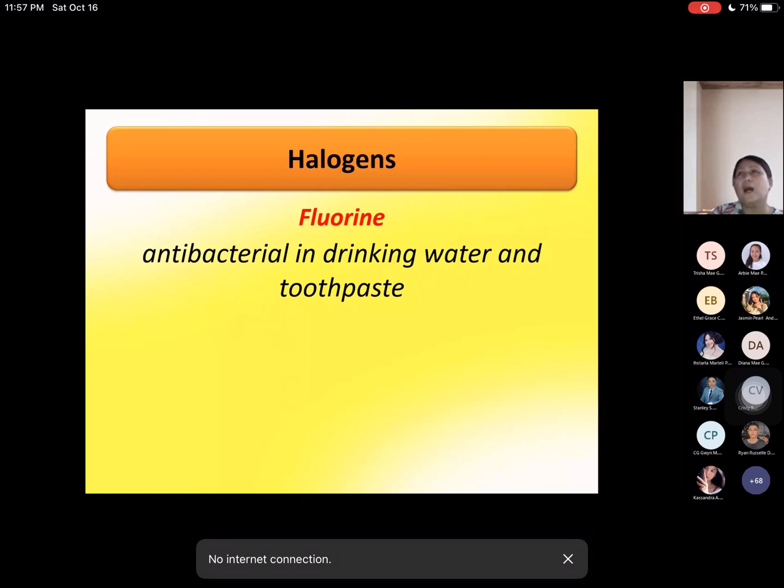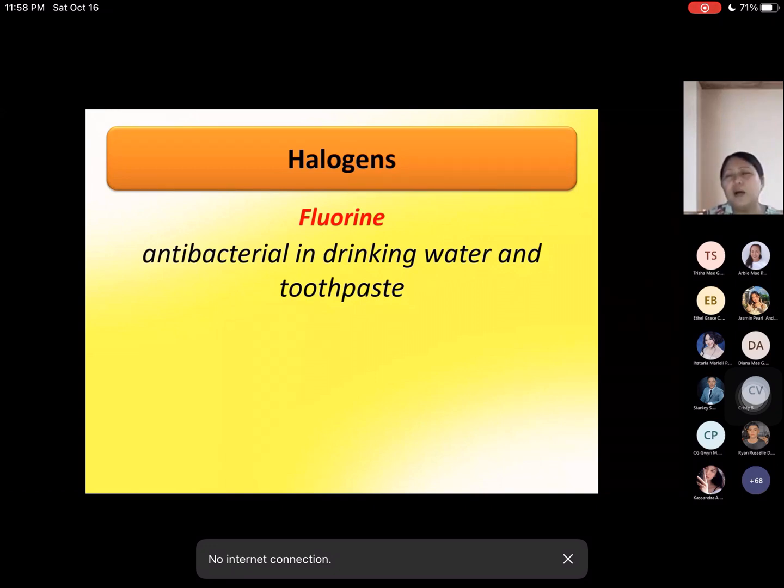That's why in the commercials, all toothpastes like Colgate and Pepsodent have fluorine in them, because it has antibacterial property.